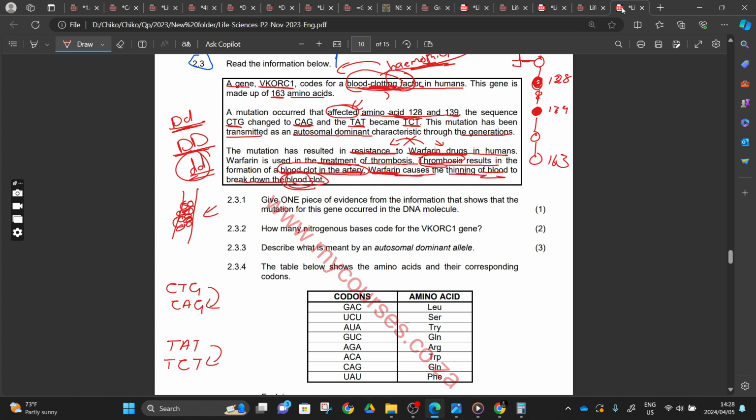So this thing is going to clot this. But if you are resistant to warfarin, it means that when you have this mutation, from this statement you can see that it becomes resistant to warfarin. It means when you take this warfarin, instead of the warfarin coming to thin the blood, your blood cannot respond to warfarin drugs. It means these drugs cannot come and do their work. They cannot thin the blood so that your thrombosis will be reduced.